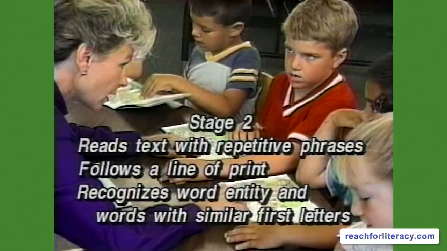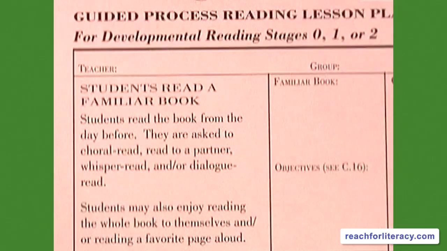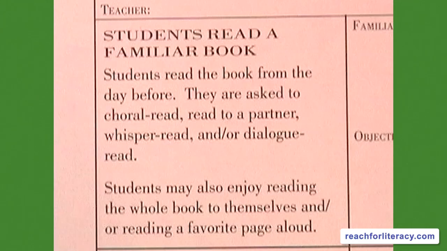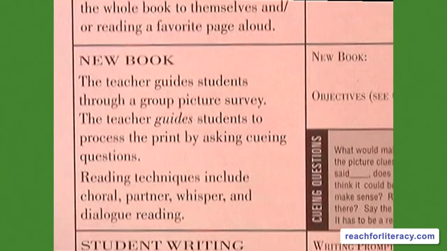A Stage 2 reader can read text with repetitive phrases, has the ability to follow a line of print, recognizes word entity, repeated words, and words that have similar first letters. The reference pages used in this guided process reading session are included in your Accelerating Literacy Training Manual.